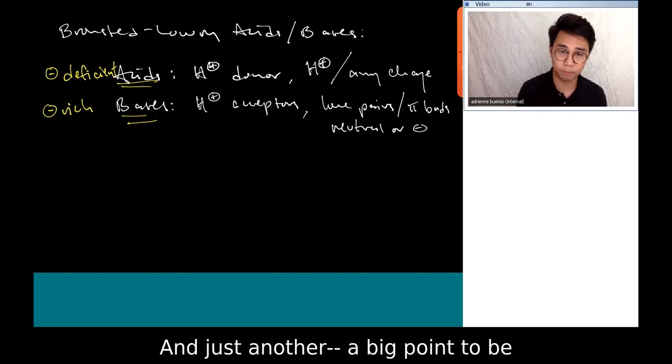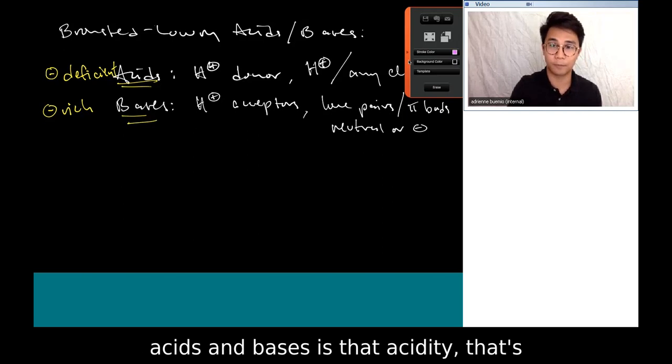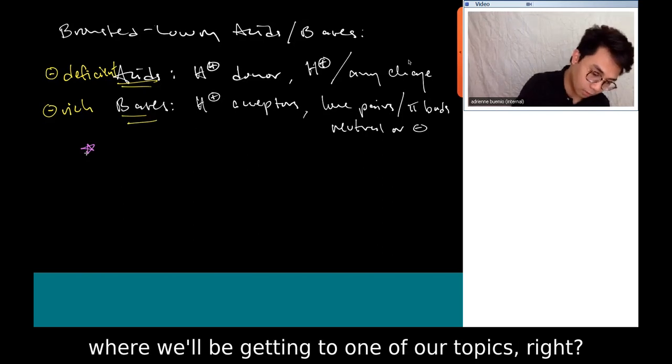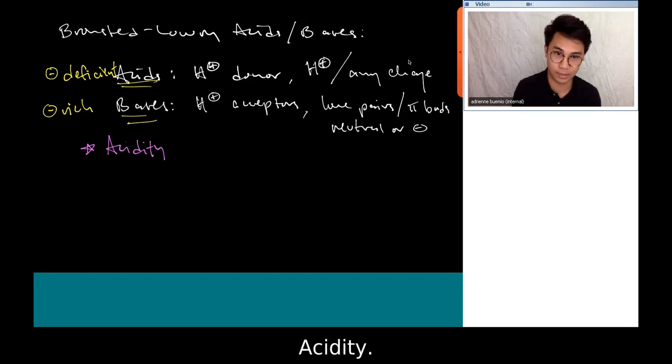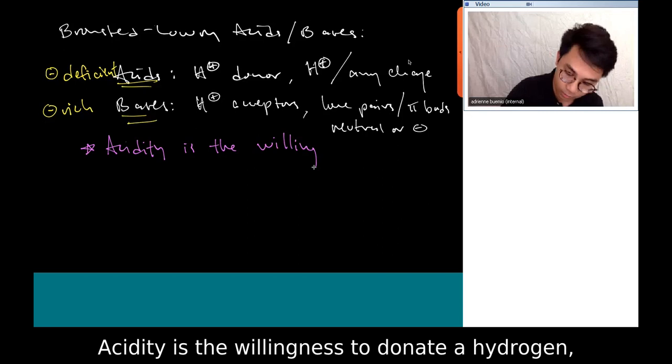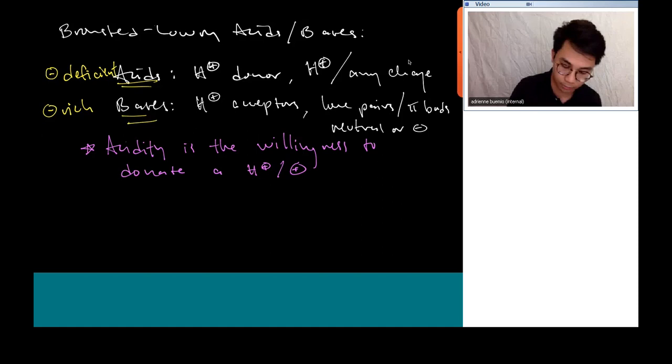And just another big point, especially with Bronsted-Lowry acids and bases, is acidity, that's what we'll be getting to, one of our topics. Factors of acidity. Acidity is the willingness to donate a hydrogen, or like we said, a proton.